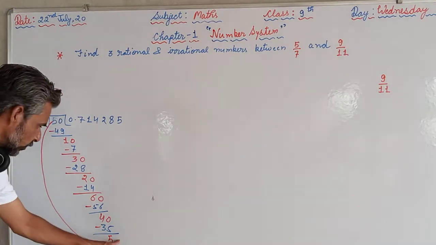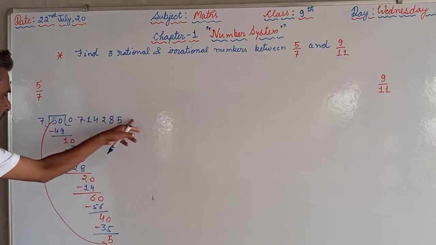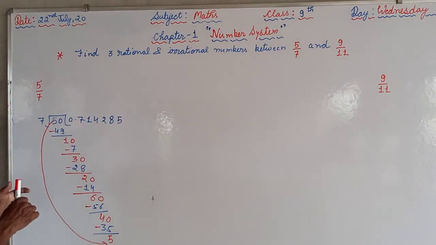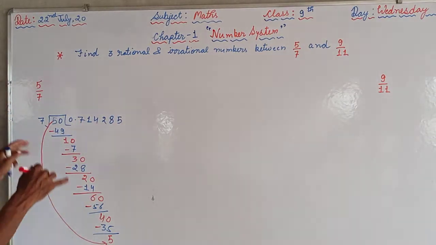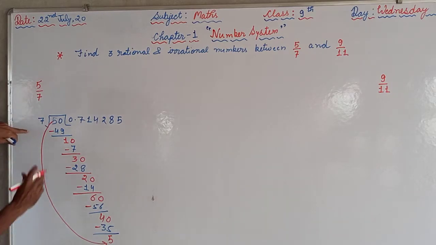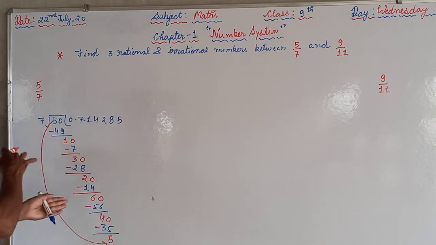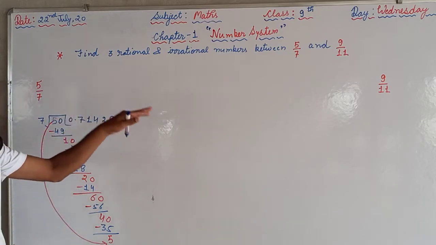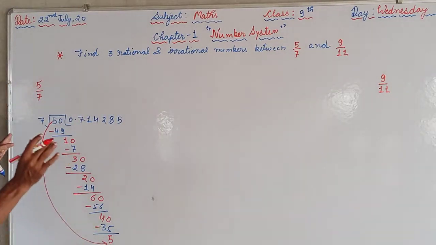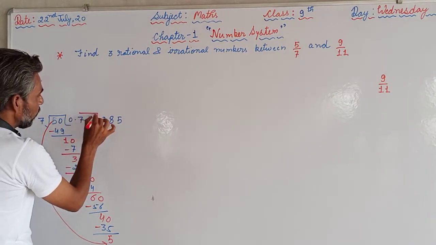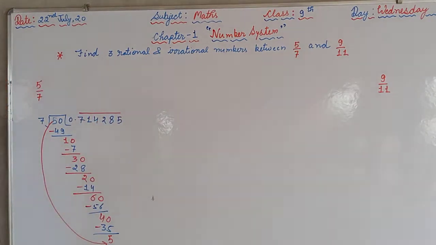Means if we place 0, then again 7 7s are 49, means this whole block will be repeated. As soon as we get the same number from where we have started, or the same numbers come in the quotient, at that time we will stop and we will place the bar over here. So this is the value of 5/7.